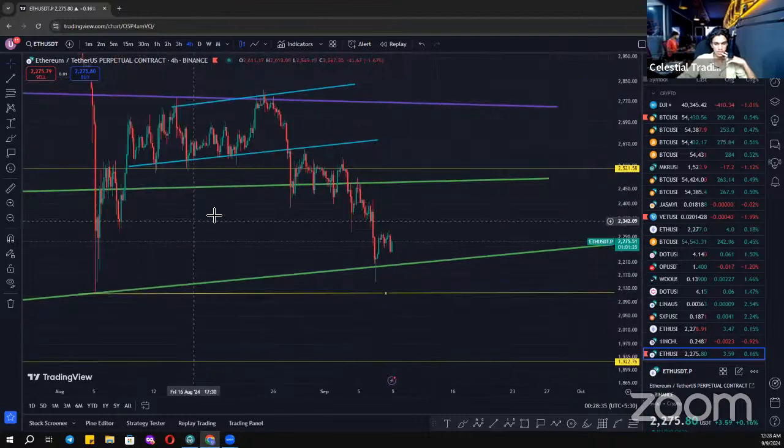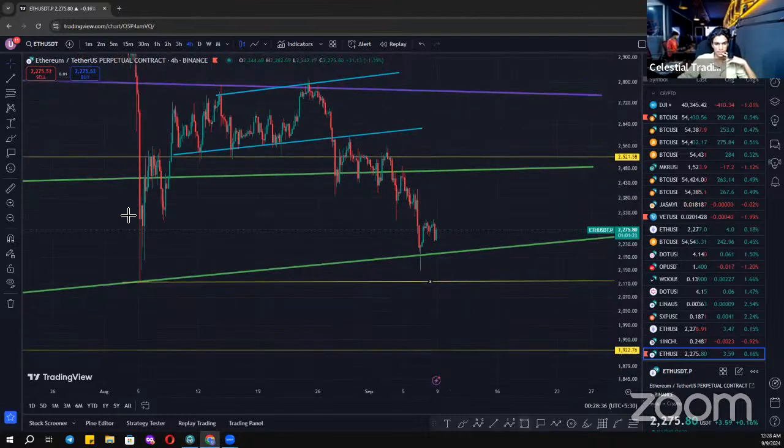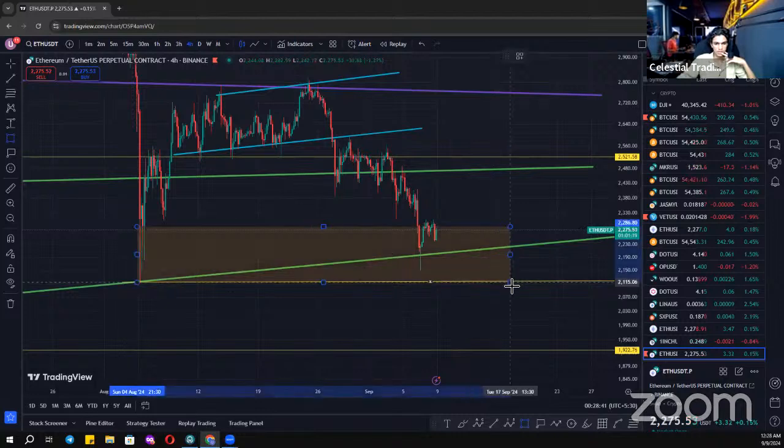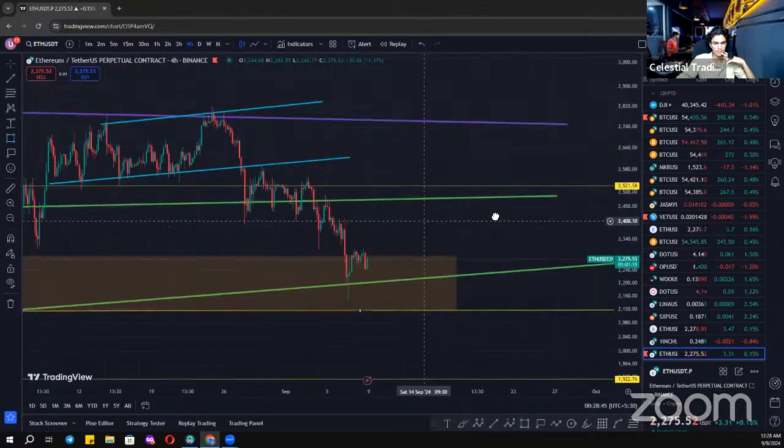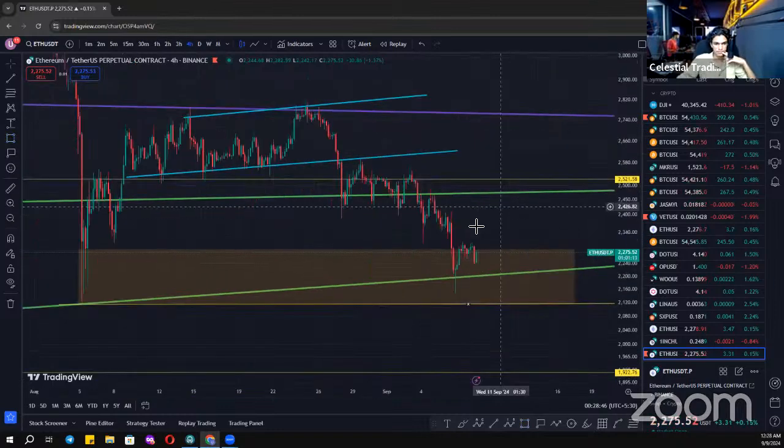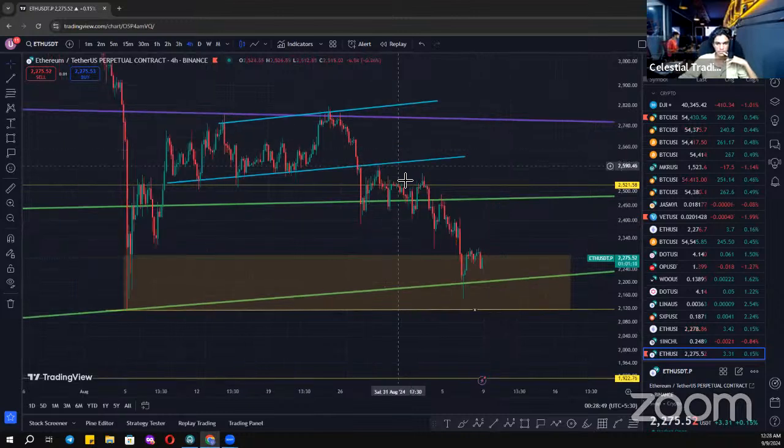So here you can see we have a good support area. It's all basic. The market has respected it. Those who got shorts here would have been in big profit.